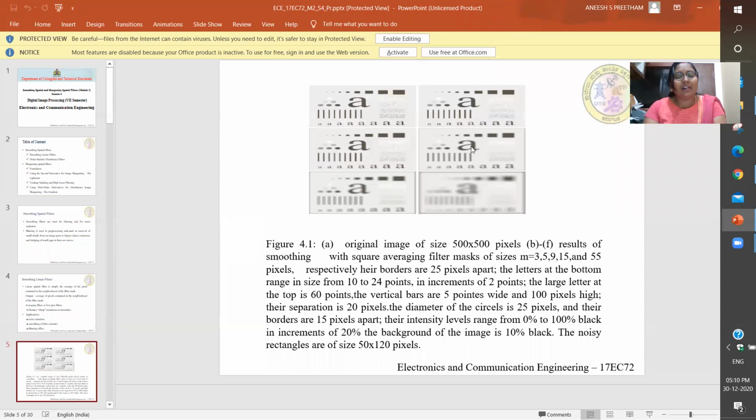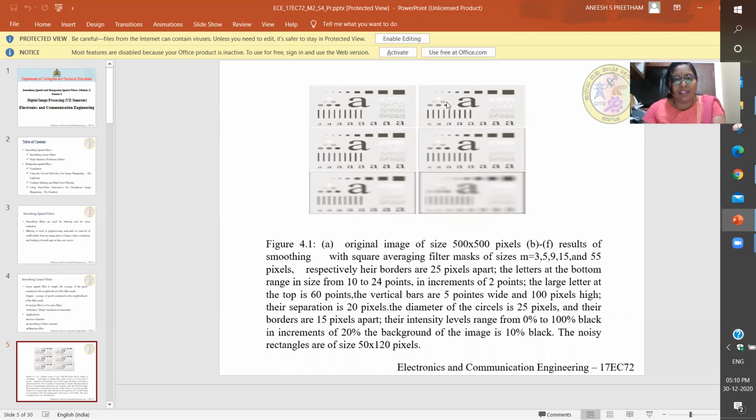So, the effects of the smoothing as a function of the filter size are illustrated in this figure, which shows an original image of size 500 by 500 pixels and the corresponding smoothed results.